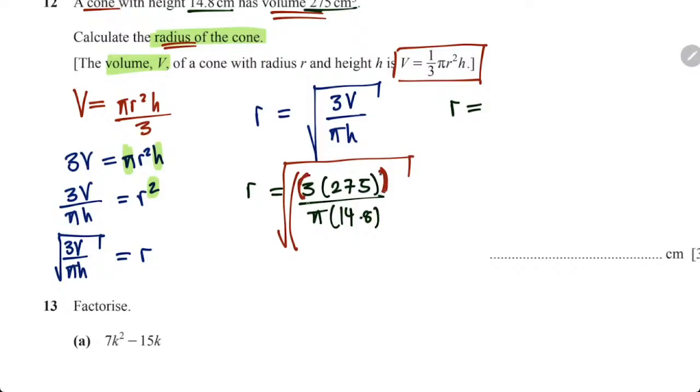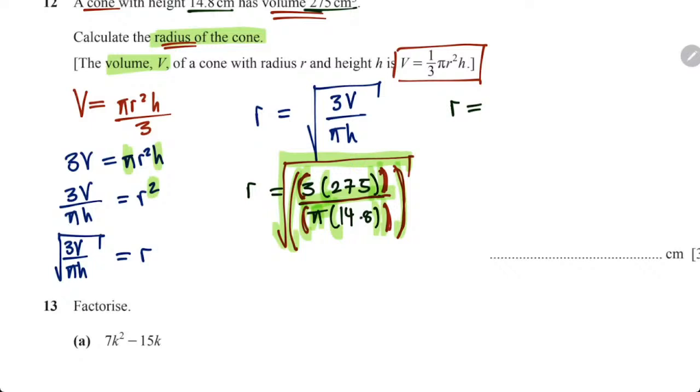Then you say divided by, you open a bracket, you say pi, you open another one, then you close the brackets. Then you close the last one and you say equal to. So somebody punch with me: square root sign, open, 3, open 275, close, divided by, open pi, then open 14.78, close, then close, is equal to.